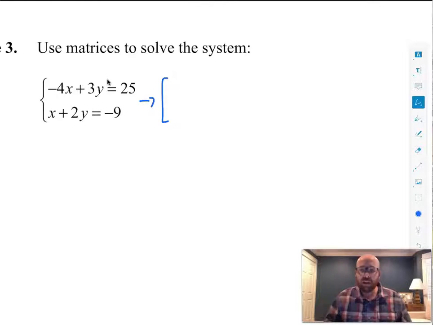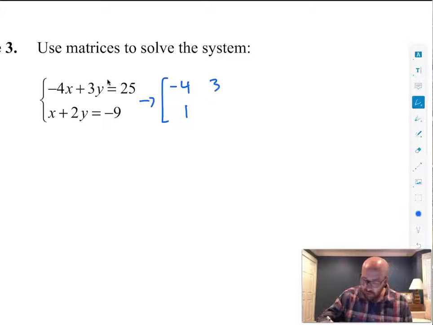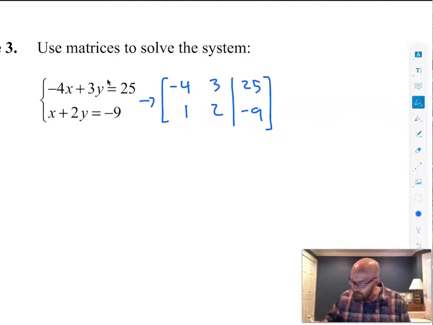Again, I like to look at them as columns. So when I look at my x's, I got -4, then 1. Those are my coefficients. Then my y's, I got 3, 2, equals 25, negative 9. All right, so let's keep in mind what our goals are.